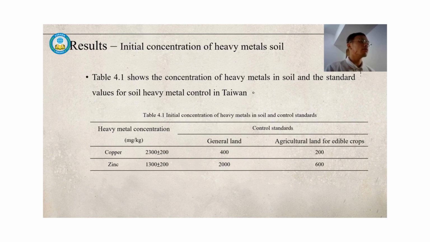We can see copper concentration is 2,300 ppm and zinc is 1,300 ppm. The concentration of heavy metal is much higher than the agricultural land control standard.